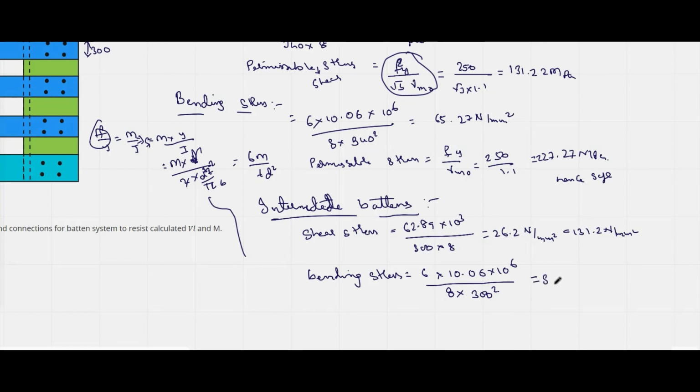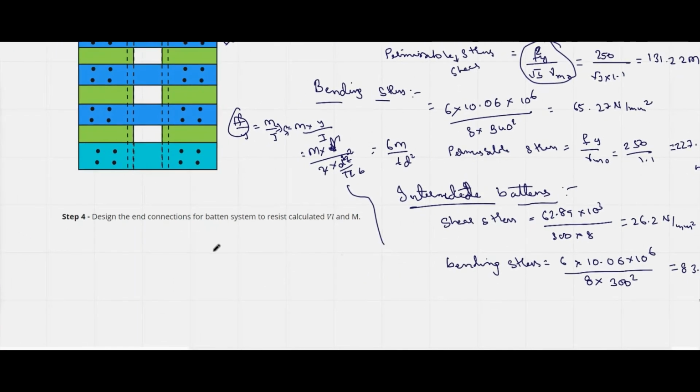This value will be across 83.83 newton per mm square, whereas the permissible stress we already calculated was around 227.27 megapascals. Hence intermediate battens are also safe. Once the end batten and intermediate battens are safe, let us design the end connections and end the problem. Thank you.